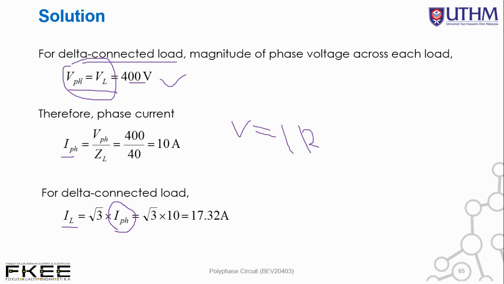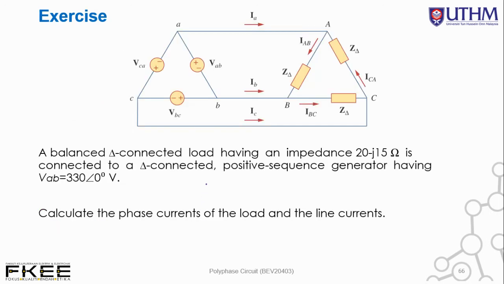Having V phase over the phase impedance, you get the value of I phase. But when it comes to the line, you have to be careful and multiply by square root 3, and this gives you 17.32 ampere.